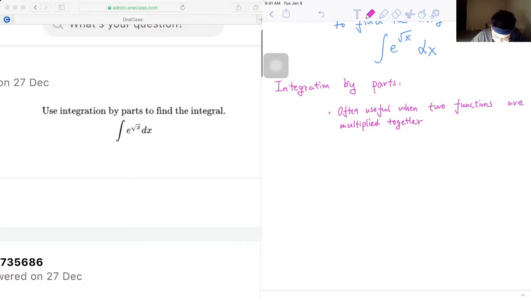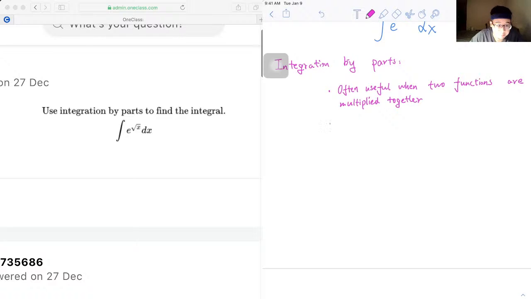First, let's see how it is presented in mathematical symbols. The integral of u v dx is equal to u times the integral of v dx minus the integral of the derivative of u times the integral of v dx dx.